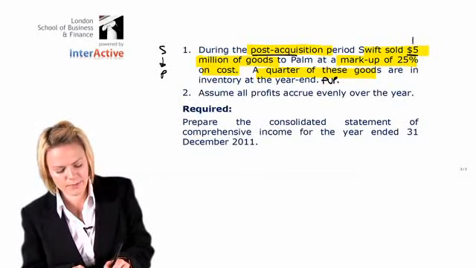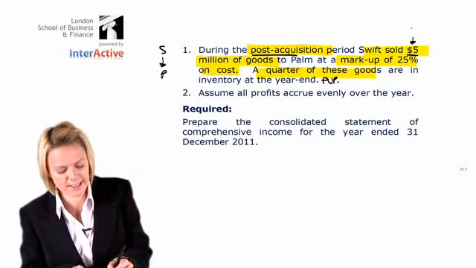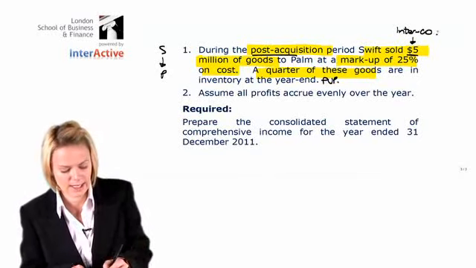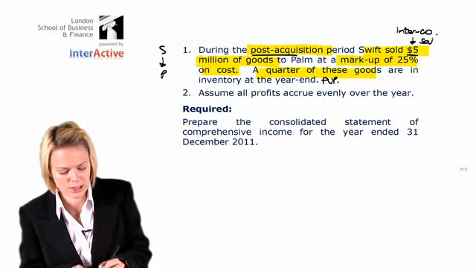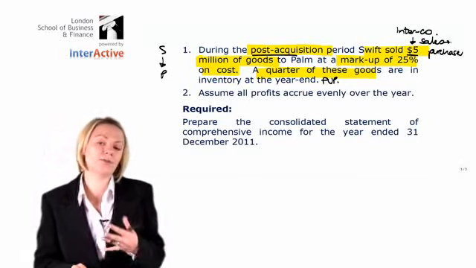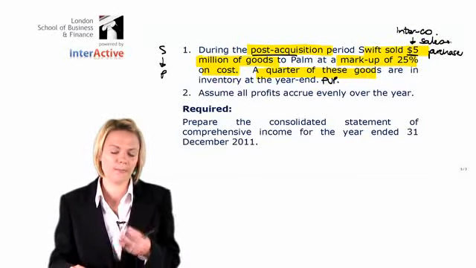Now you see that we're going to do a statement of comprehensive income. We also now need to recognise intercompany sales and purchases and eliminate them from the consolidation schedule.